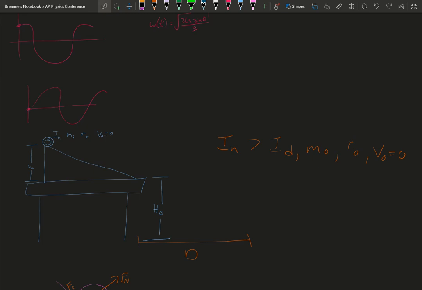Let me go back and look. It says, after it's released from rest, the hoop rolls down the ramp. Then we put the disc on there. And it says the solid disc of moment of inertia, our IH, is greater than our ID. Our IH is greater than our ID.